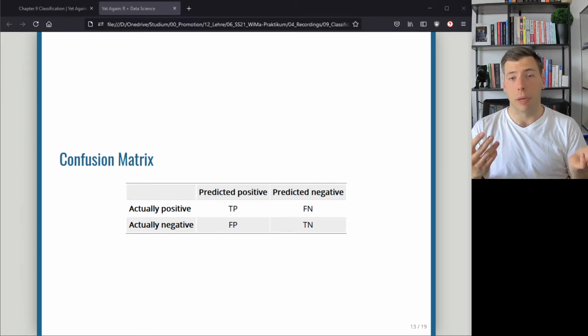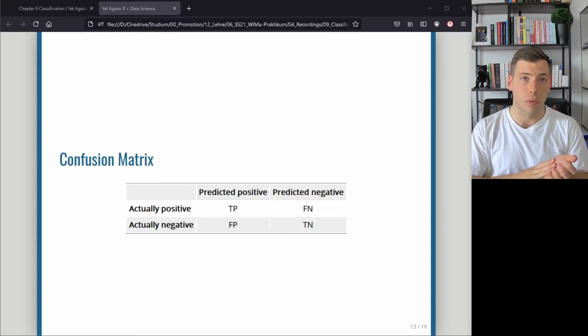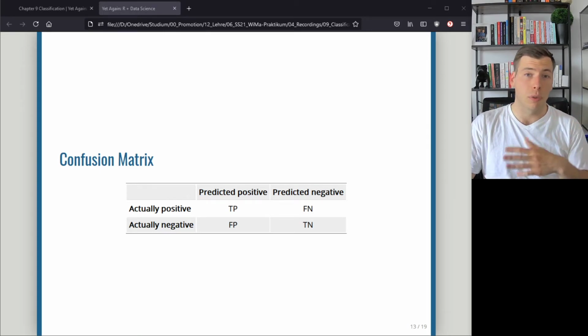So either my prediction was correct, so something was of group 0 and I predicted it as such, or it was of group 0 and I predicted group 1, and then you can do all of that again with group 1. So instead of group 1 and group 0, one speaks of positive and negative.